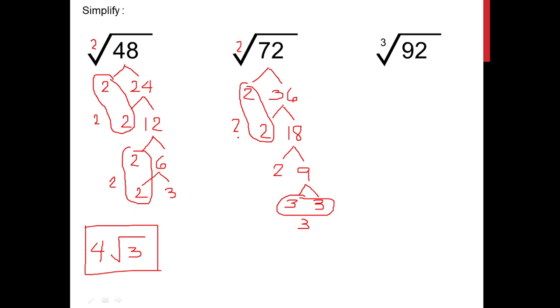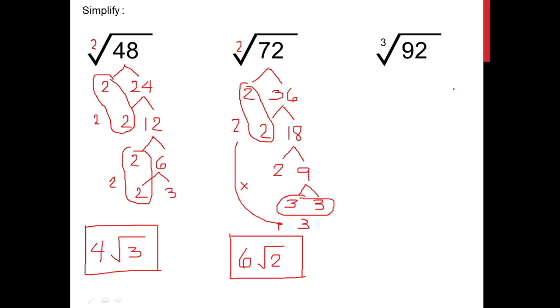Then multiply: 2 times 3 is equal to 6. And since the other 2 does not have a pair, let's put it back into the radical. So the simplest form of the square root of 72 is 6 square root of 2.